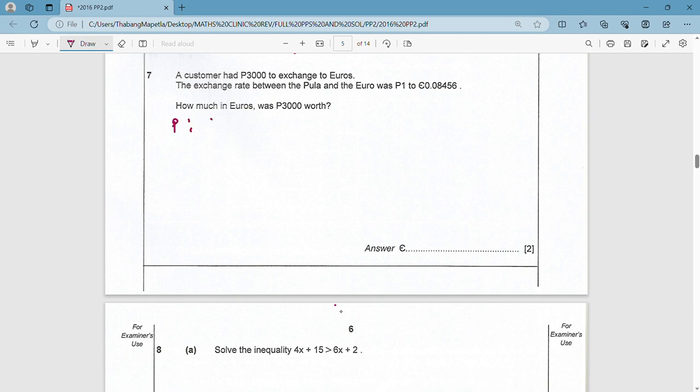Pula to euro. So 1 Pula is equal to 0.08456, and then we are looking at 3,000, so it's to x. It's going to multiply. Therefore x is equal to 0.08456 times 3000.